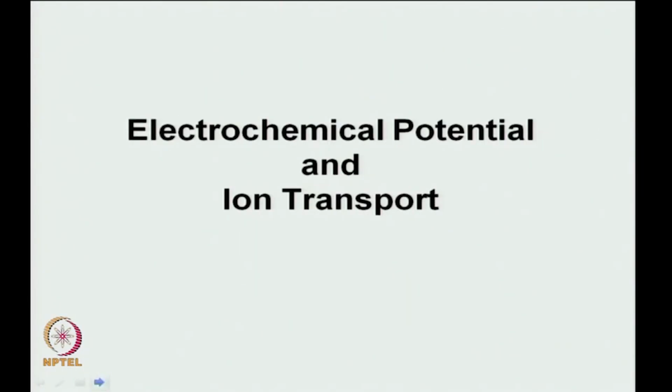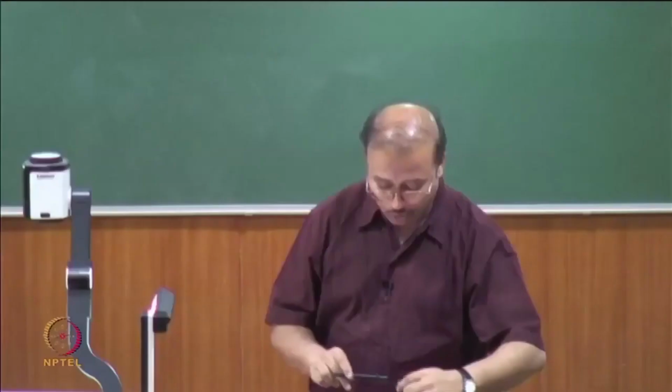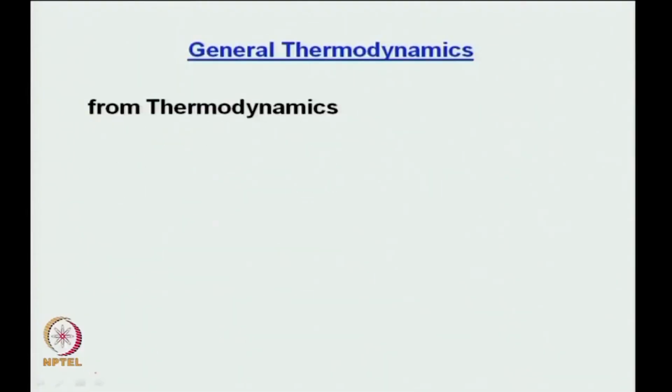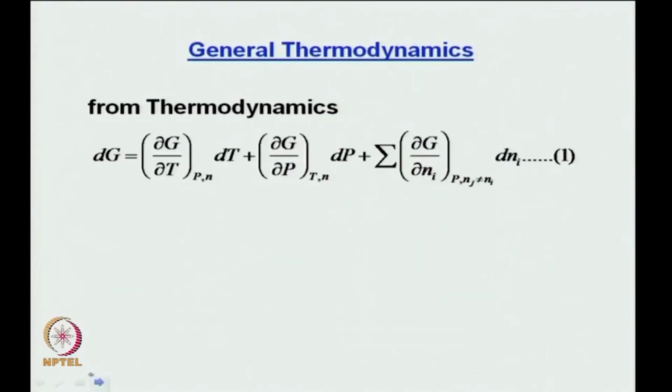It is electrochemical potential and ion transport, and I will go through the initial phase a little bit fast, because these things I think you know. We start from general thermodynamics.